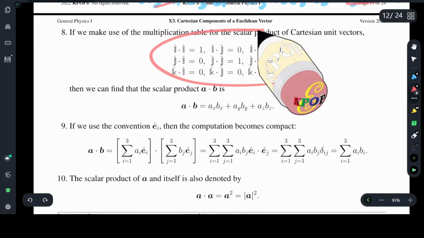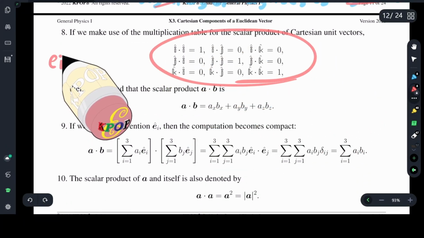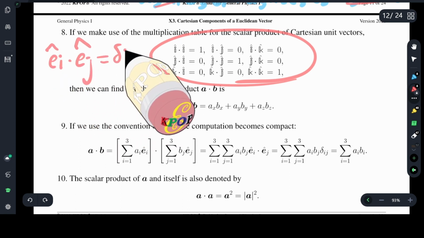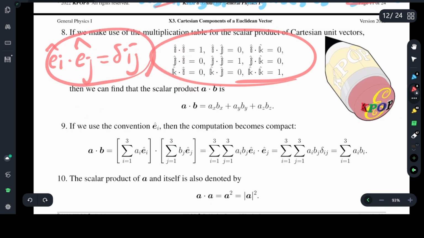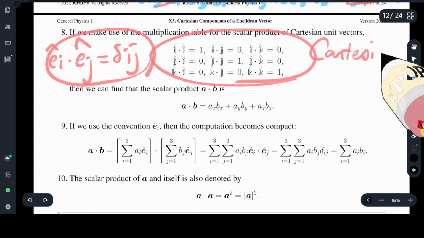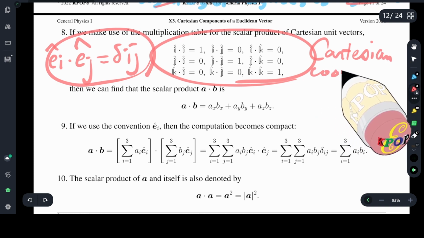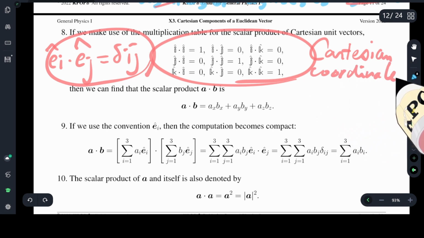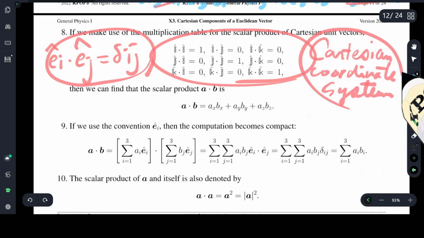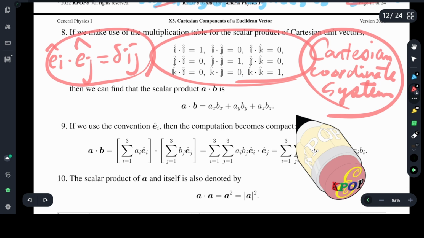All of this comes from the orthogonality of the unit vectors of the Cartesian coordinate system. So the Cartesian coordinate system is very, very simple. So you have to express many thanks to Descartes for the Cartesian coordinate system.